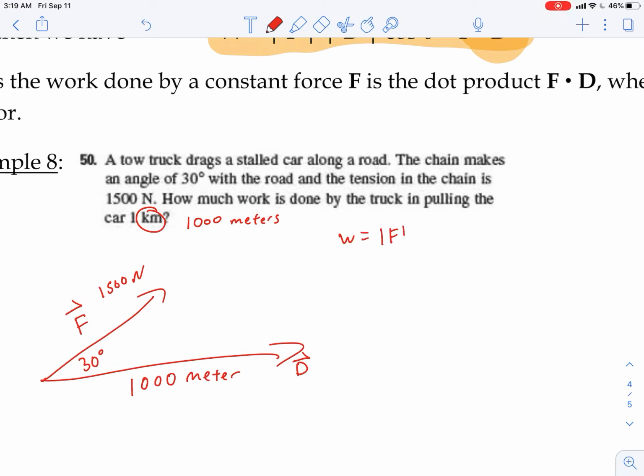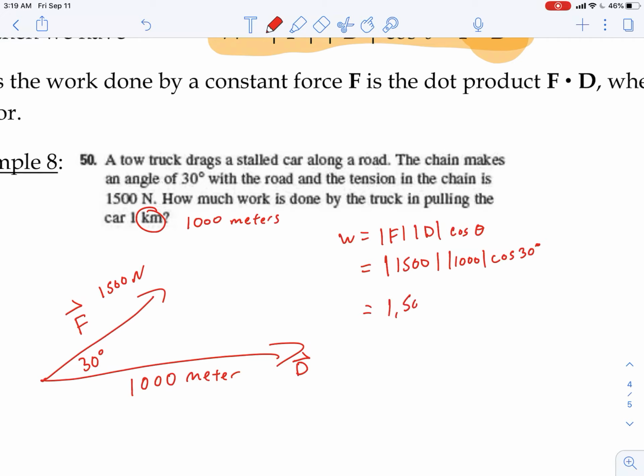Work is equal to the magnitude of F times the magnitude of D cosine theta. So 1,500 times 1,000 meters times cosine of theta, which is cosine 30 degrees.